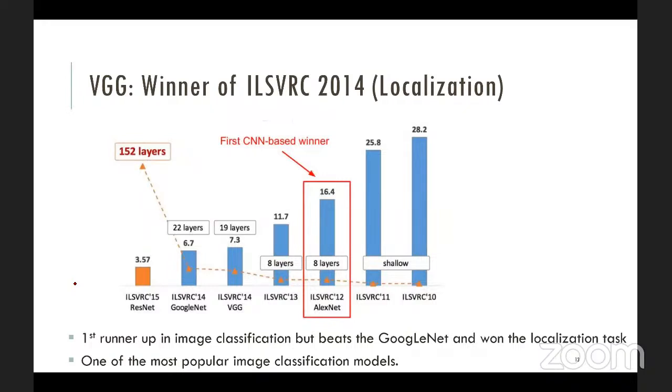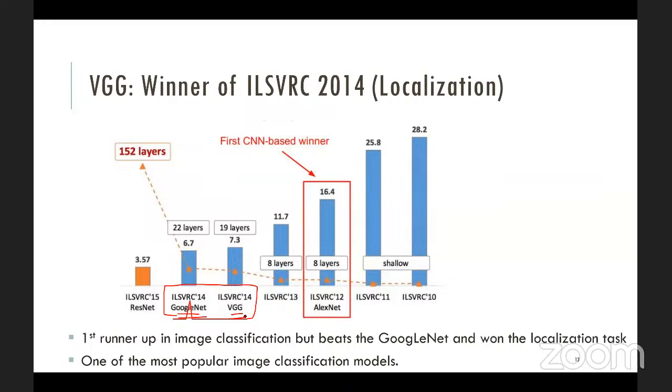Although when we talk about 2014, for the classification task the winner was GoogleNet. But as far as the classification task is concerned, VGG was the first runner-up.